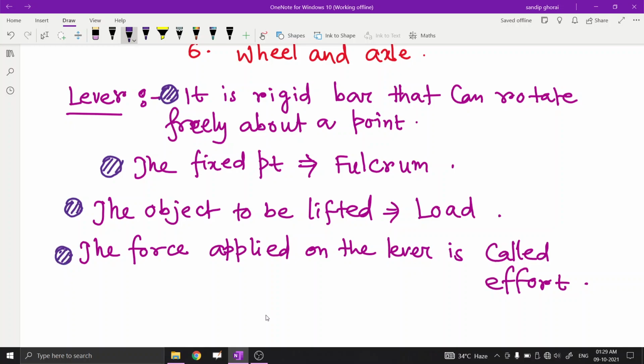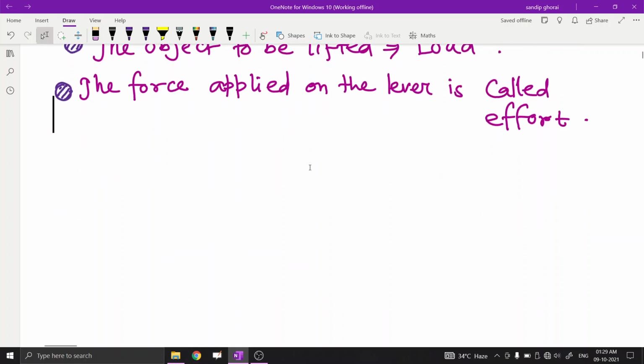We also have to know what is load arm and what is effort arm. We have to know two definitions: load arm and effort arm.